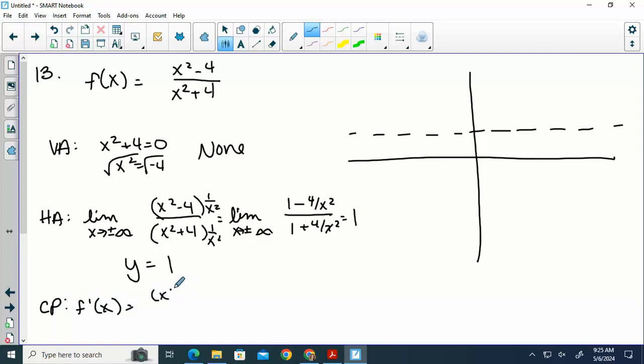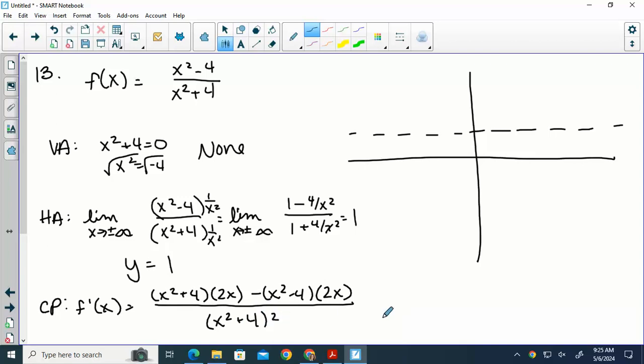Low d high minus high d low over low squared. So if we multiply that out, we get 2x cubed plus 8x minus 2x cubed minus 8x in my denominator.